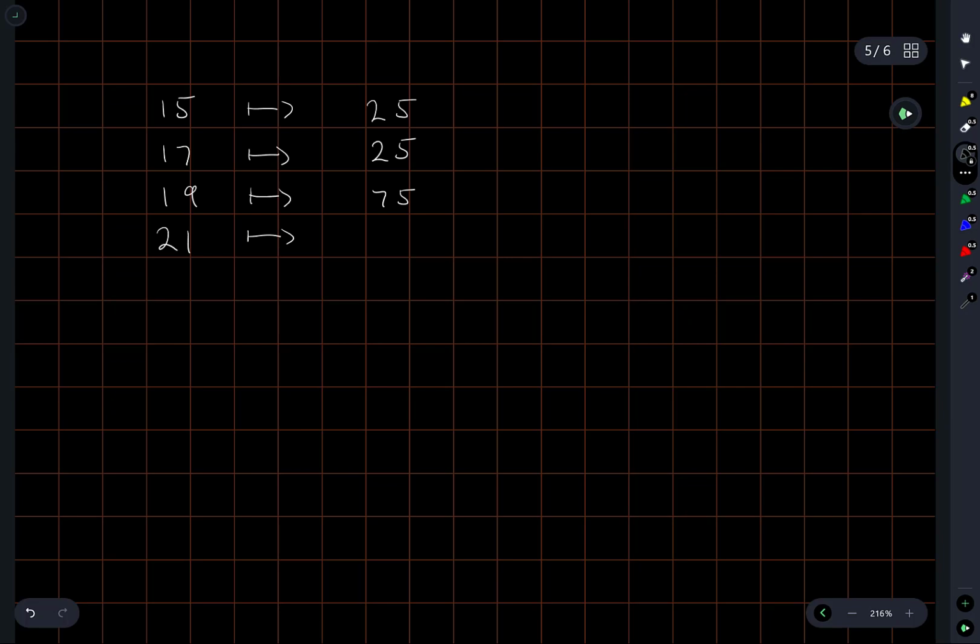We could continue this mapping all the way down to 999,999, but because we know that this pattern is going to continue alternating between 25 and 75, really what we need to do is find which of these numbers differs from 999,999 by a multiple of 8, and those will have the same last two digits in the product.